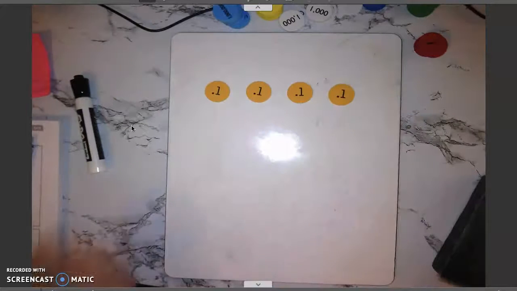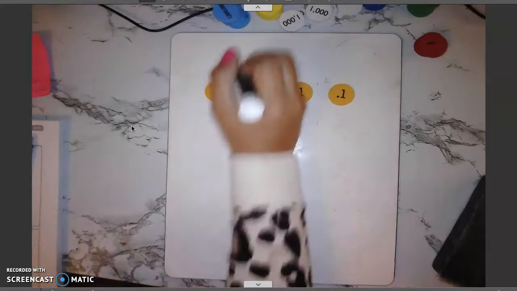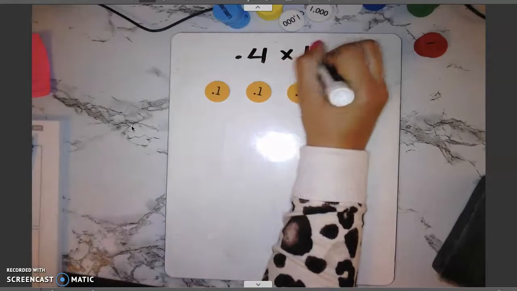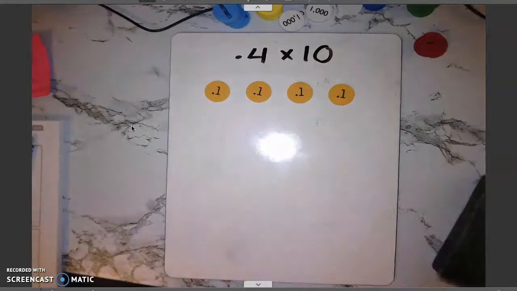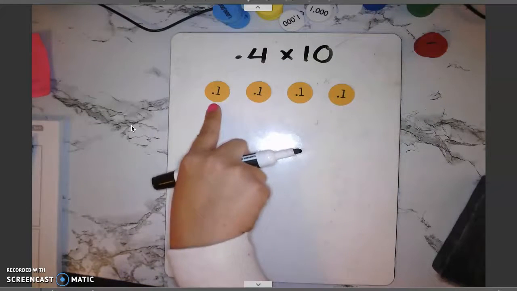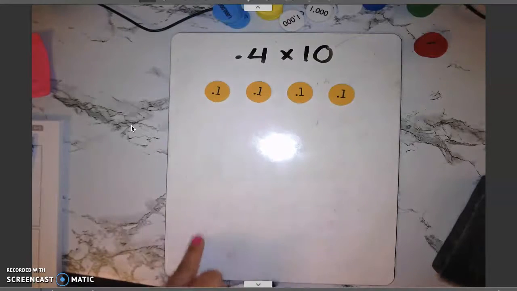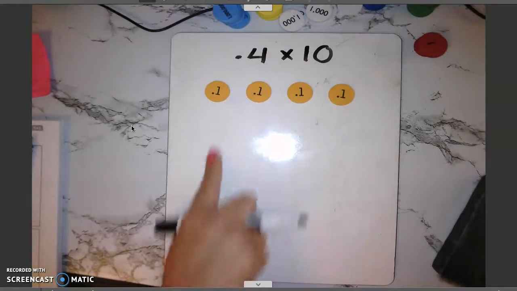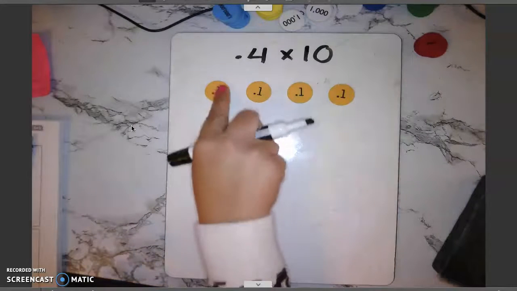If I wanted to take my 4 tenths and multiply them by 10, what I would do is take each of these tenths and multiply each tenth by 10.